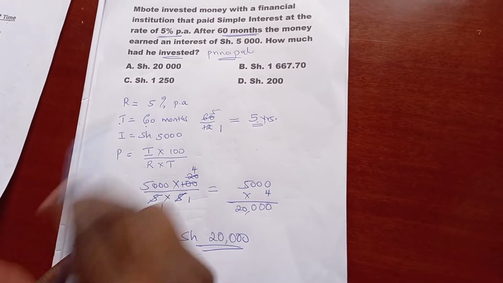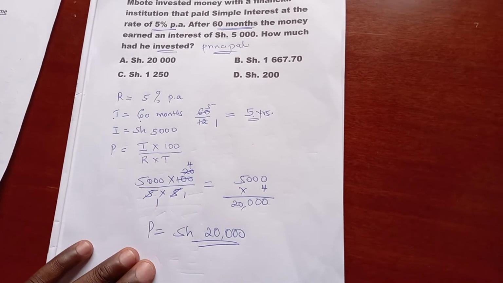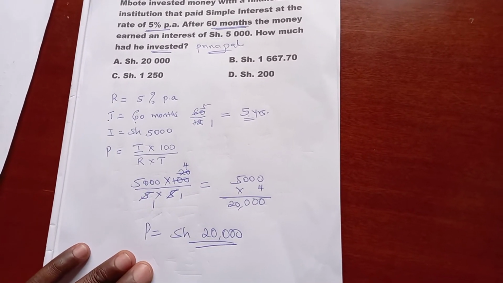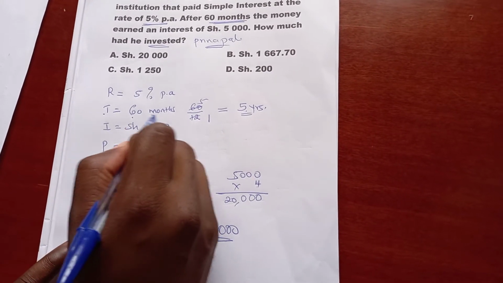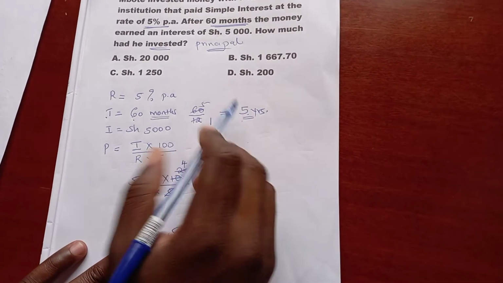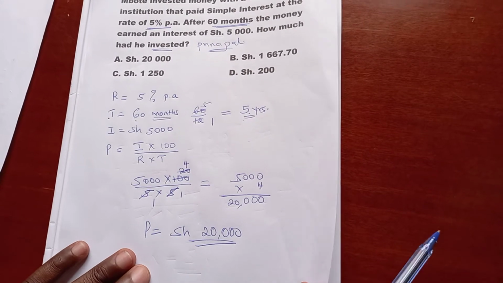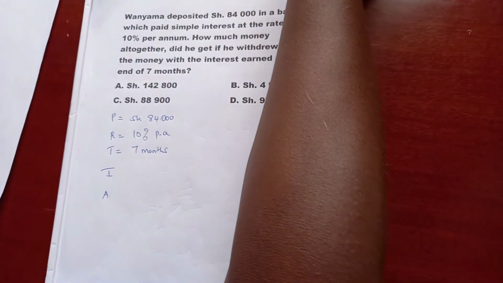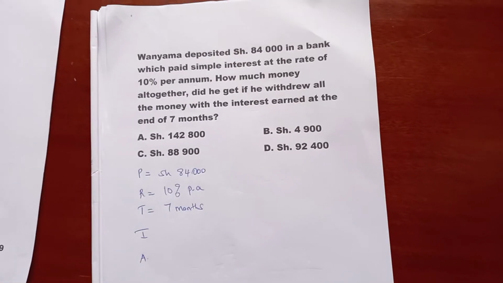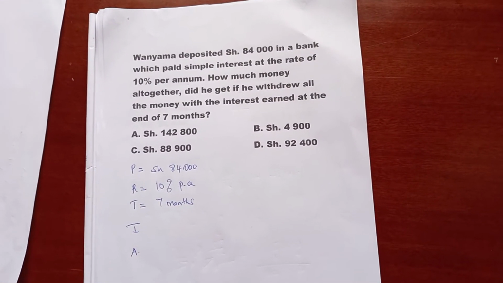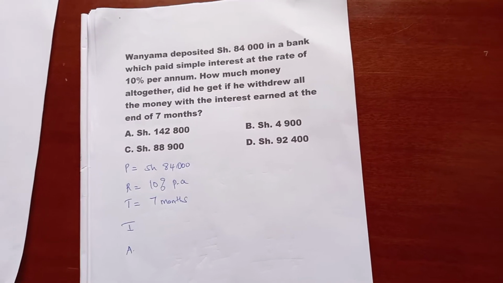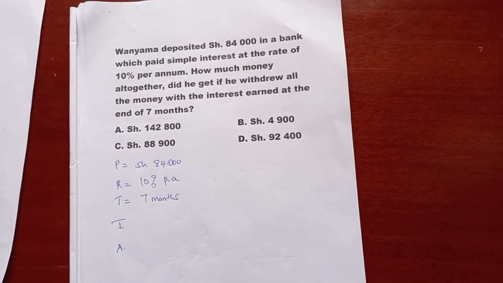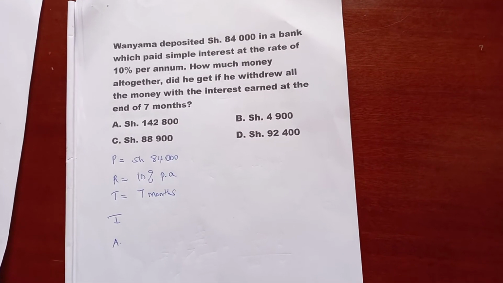Learners, have you seen how we calculate principal? When you are given rate, time, and interest. Only in our case, you are supposed first of all to convert months into years because the rate was given per annum. Our next question, learners, reads as follows. Wanyama deposited shillings 84,000 in a bank which paid simple interest at the rate of 10% per annum.